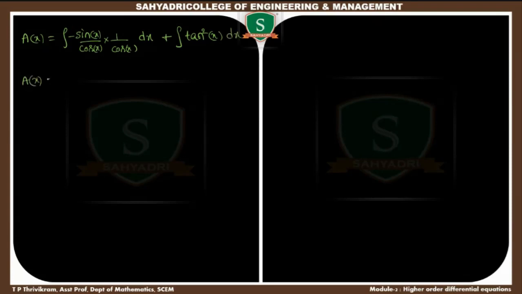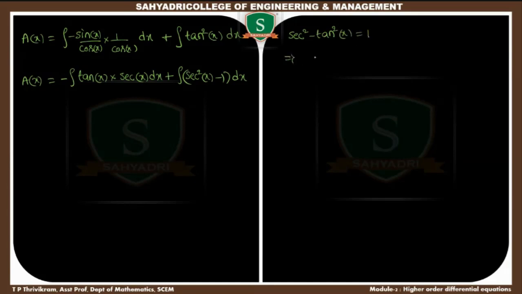So a of x is equal to minus integral sin by cos, it is tan x, into 1 by cos, it is secant x, dx, plus integral, this can be written as secant square x minus 1 dx, because secant square x minus tan square x is equal to 1, which implies if you take tan square to that side, this will be secant square x minus 1.